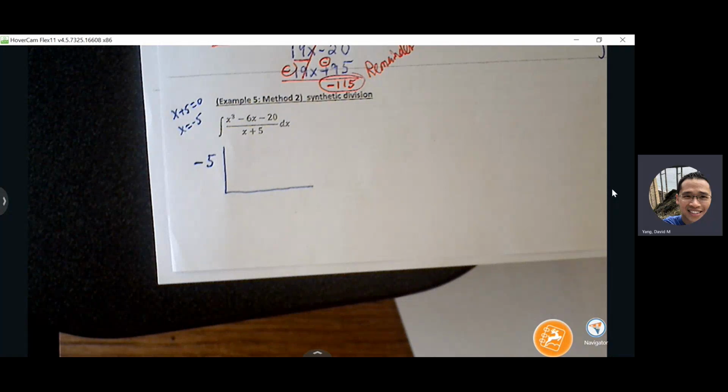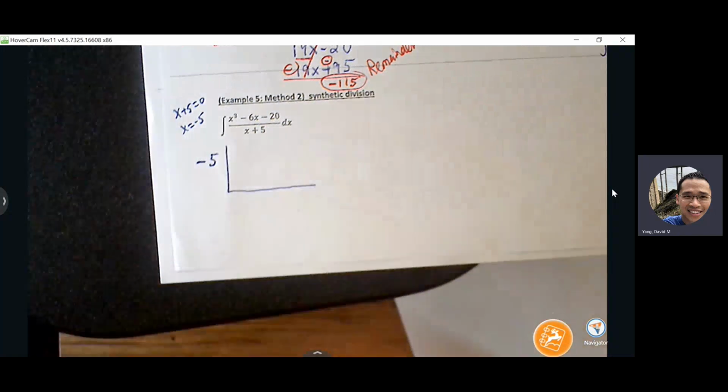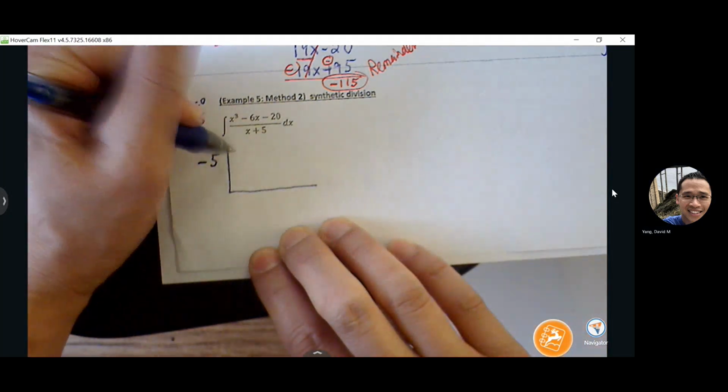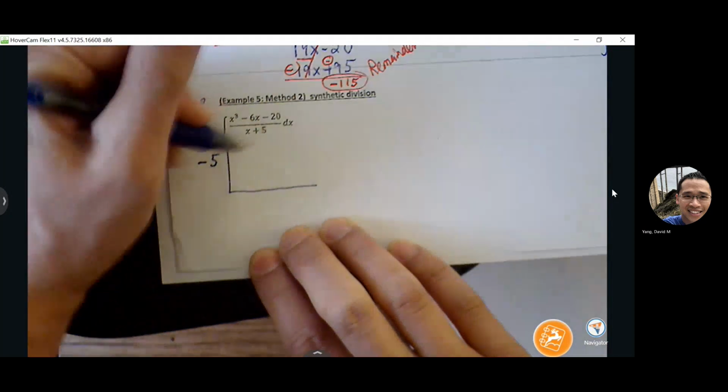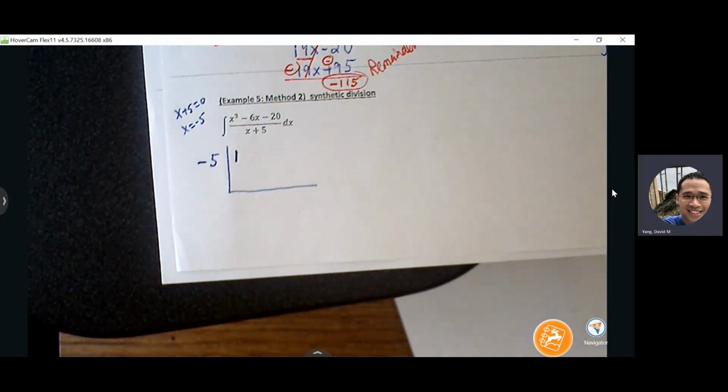Now you're going to pull the coefficients from each of the terms up in the numerator. For x cubed, what's my coefficient? 1. Now there's a missing degree. What's the missing degree?